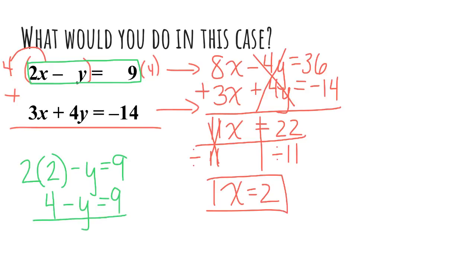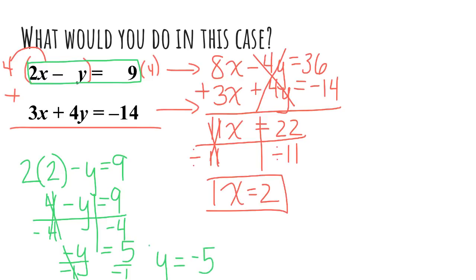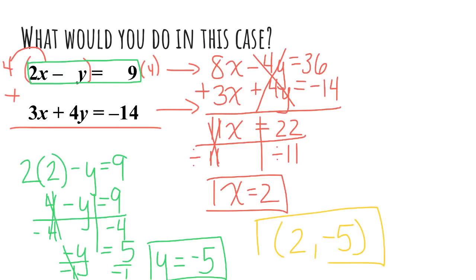So I can solve for y. I can subtract 4 from both sides. But remember, that's going to give me a negative y on one side and 5 on the other. So I'd have to divide by my negative 1 to get y by itself. I think y is going to be negative 5. And once you know your x and you know your y, you have your ordered pair, which is your solution.